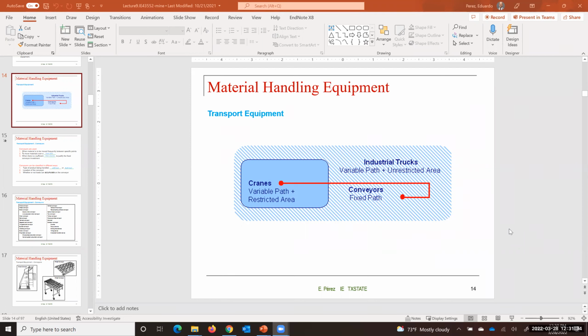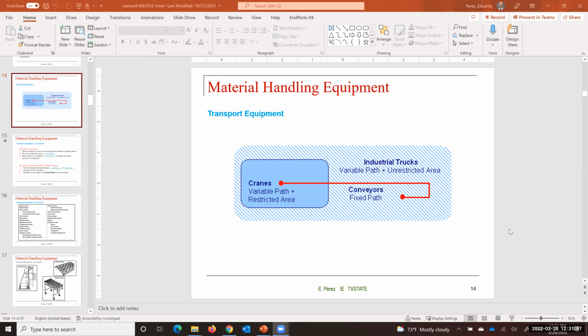So we will complete this lecture on material handling equipment, which is lecture 9, which we started on Wednesday last week. During our discussion on Wednesday, we talked about different types of material handling equipment, and we started with the transport equipment.